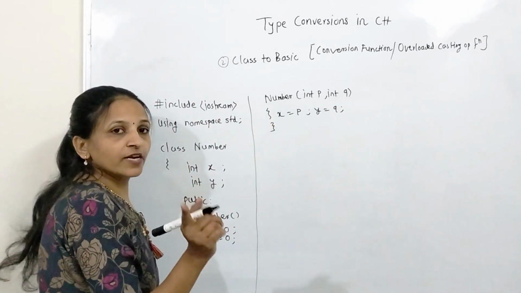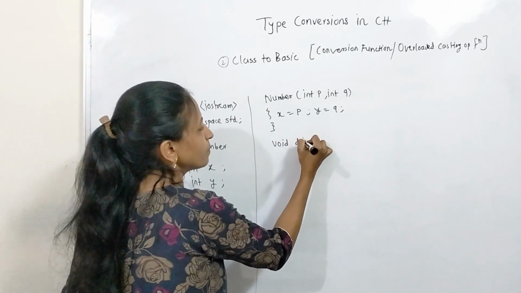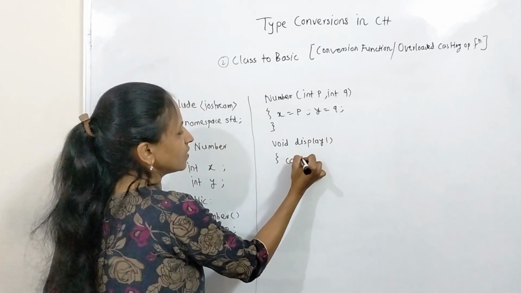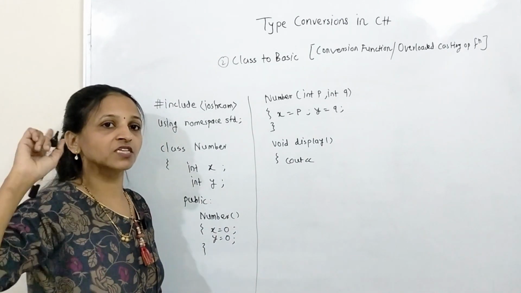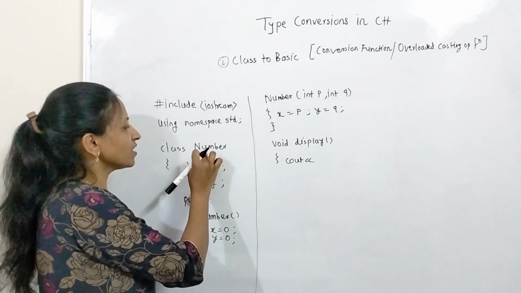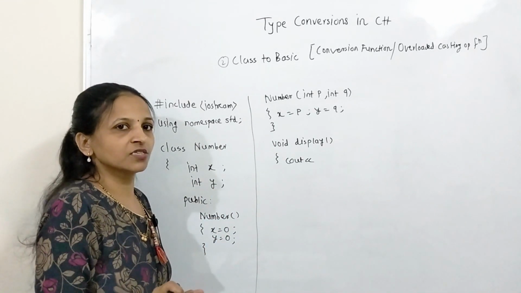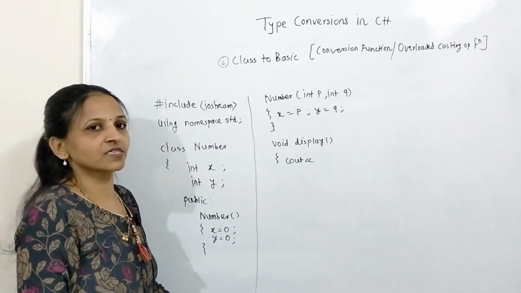Now we write the display function, void display, to display the values of those two data members. This example is different from the previous one we saw in the last session. Only the class name and members are the same, but the approach is different, so consider this example as a separate example.